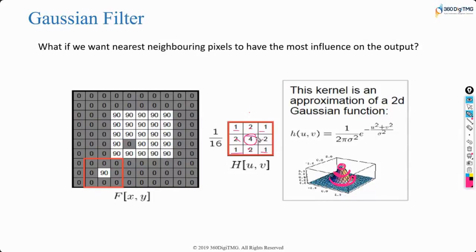But the rule holds true: the summation of all these values should turn out to be 1. When you add all these numbers, if you're getting 16, you just divide by 16. When you do this, the addition will turn out to be 1.